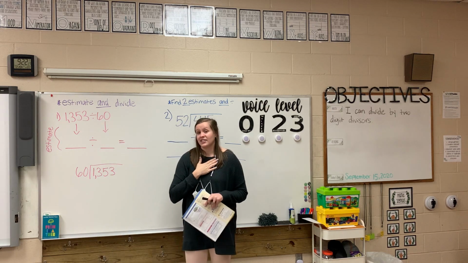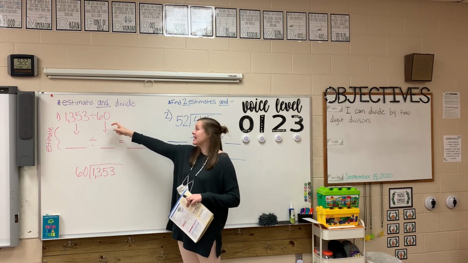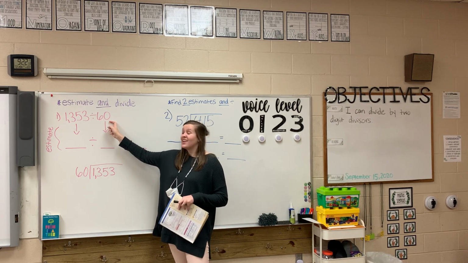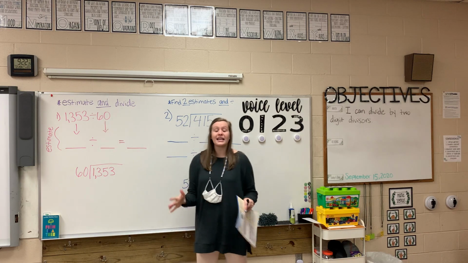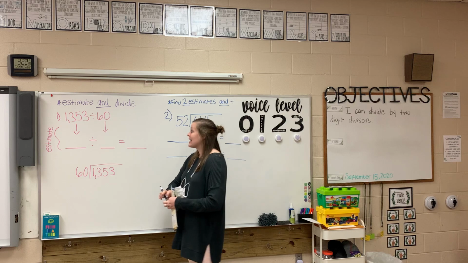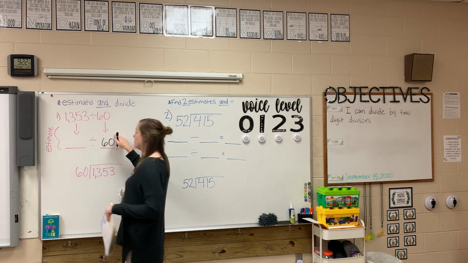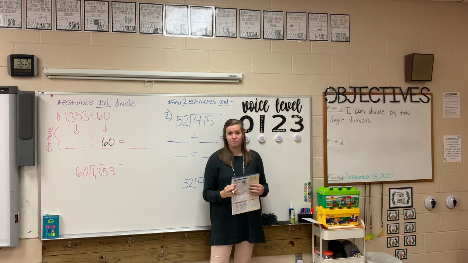The thing that I like to do is I start with my divisor, and I always want it to end in a 0. Well, guess what? Our divisor already ends in a 0, so we don't have to change it, okay? So we're going to keep 60 as our divisor for how we're going to estimate.